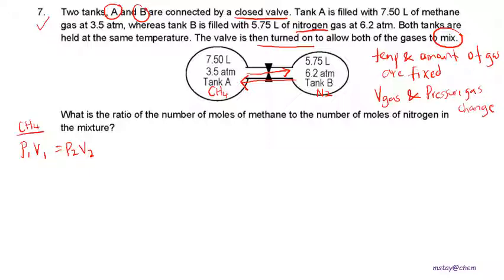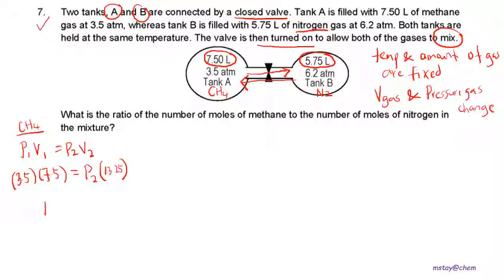Before the valve is open, the pressure for the methane is 3.5 atm, while the volume is 7.5 liter. Now, the new pressure for methane after the valve is open, we have no idea, but the volume is the total volume of 7.5 and 5.75, which is equal to 13.25.